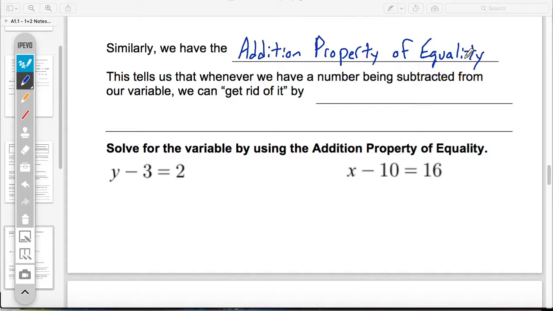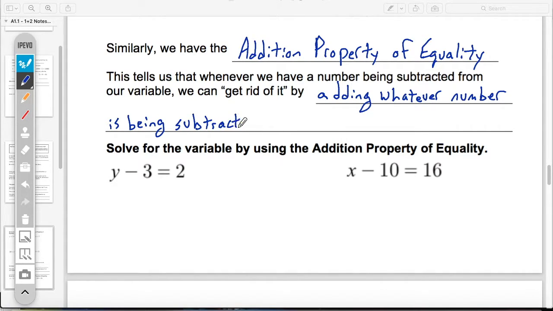Okay, so this tells us that whenever we have a number being subtracted from our variable, again, we can get rid of it by adding whatever number is being subtracted from the variable to both sides.